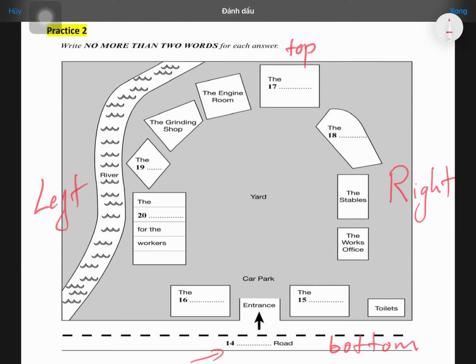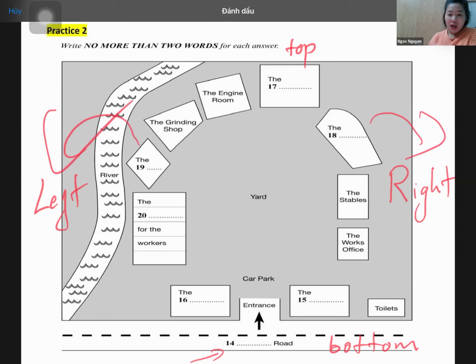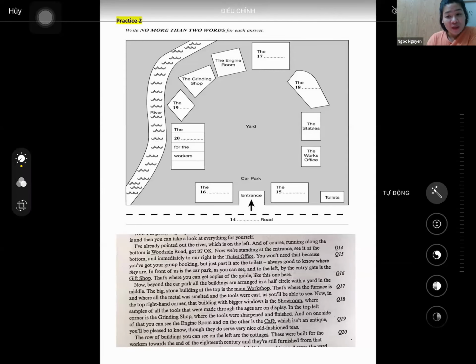Yes, but at least you will see here 18 right, 19 left, toilet, bottom right. Now if you write down directions, it will free your mind from thinking about directions. You just see directions on the paper, and that's a way to make your life easier. Thank you. So everybody write down directions.